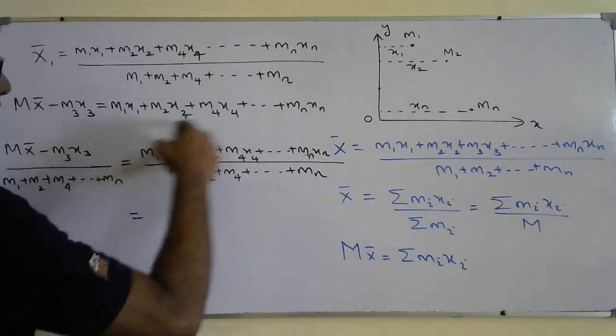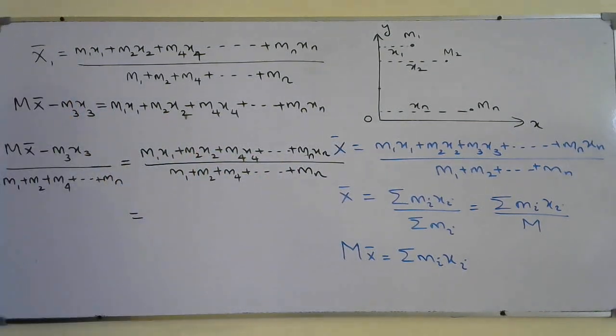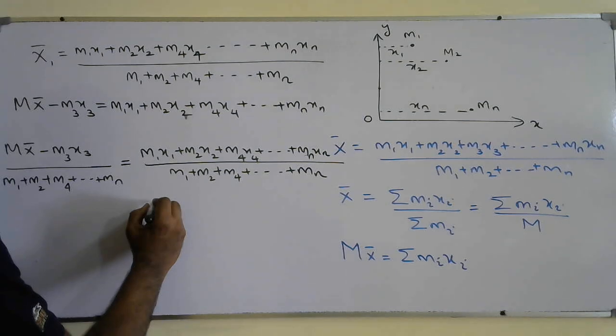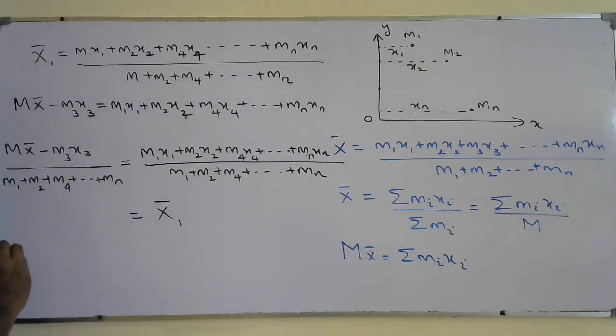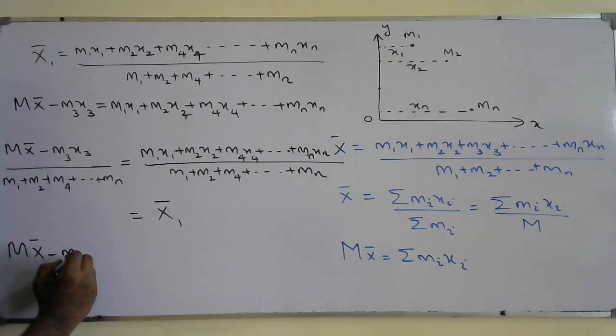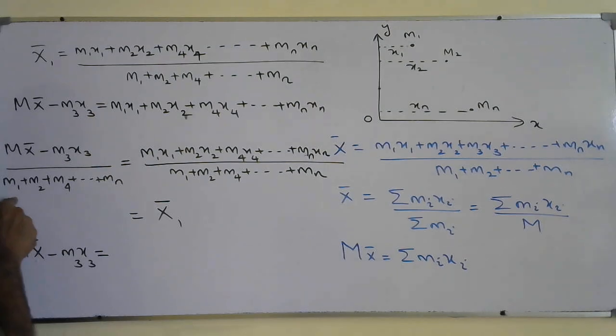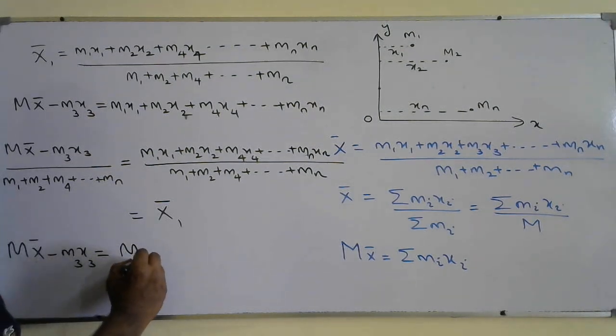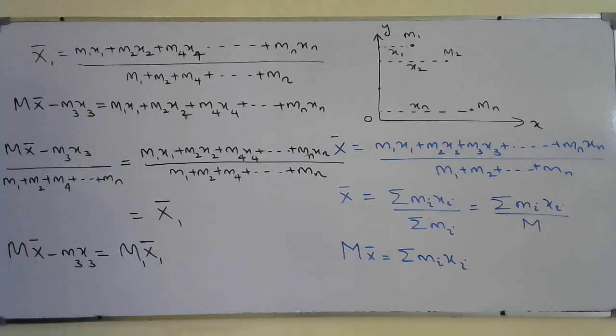This is going to be x1 bar. So M x bar minus m3 x3, the removed particle, is equal to the remaining total mass, that is m1, into x1 bar.